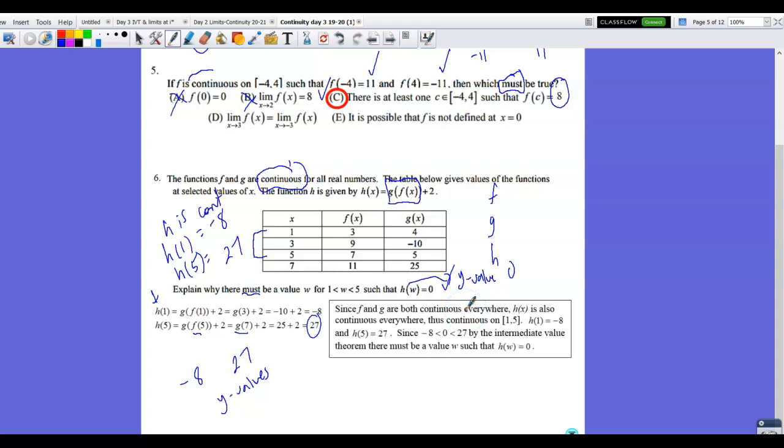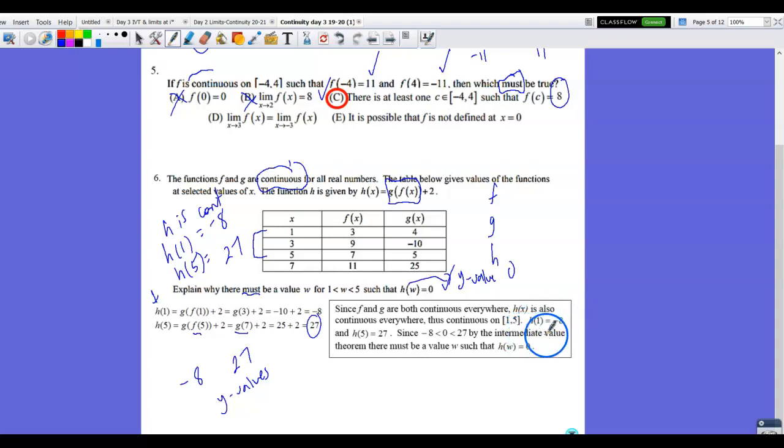Pay careful attention to the write-up. Honestly, you just want to practice and practice and practice that write-up. So I said, since f and g are both continuous everywhere, h is also continuous everywhere, thus continuous on the closed interval from 1 to 5. So I need that declaration there.